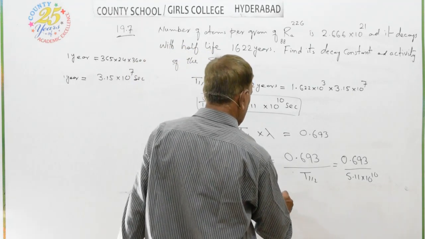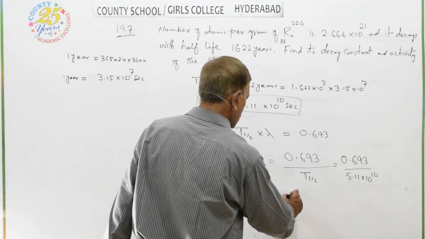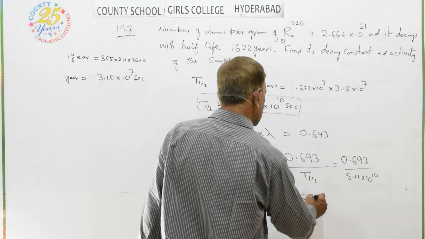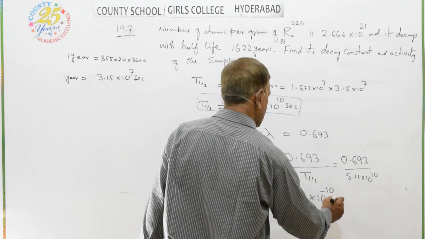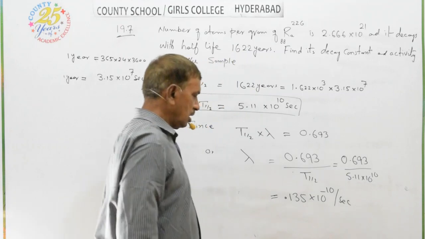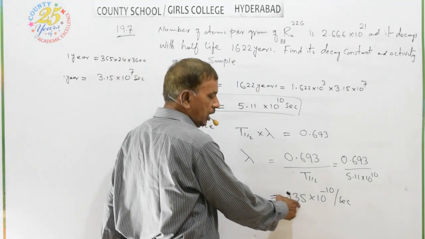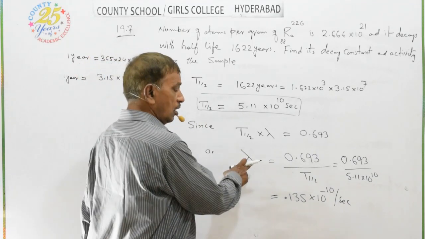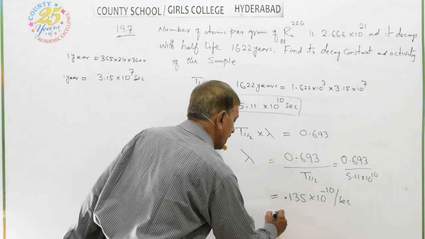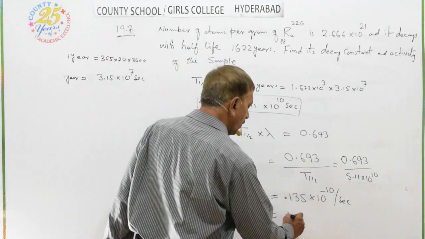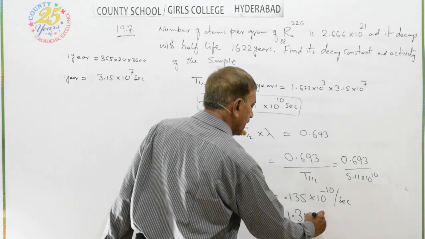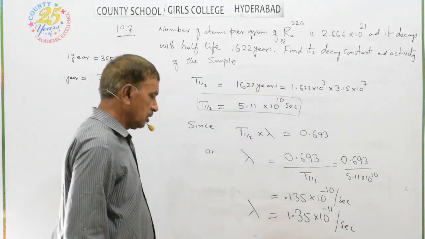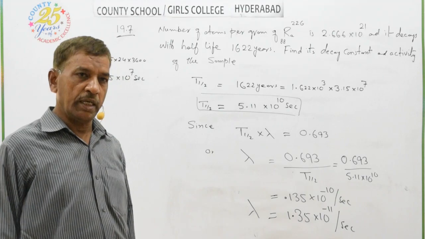That comes out to be 1.35 into 10 raised to power minus 11 per second. So that is the decay constant of the element radium.